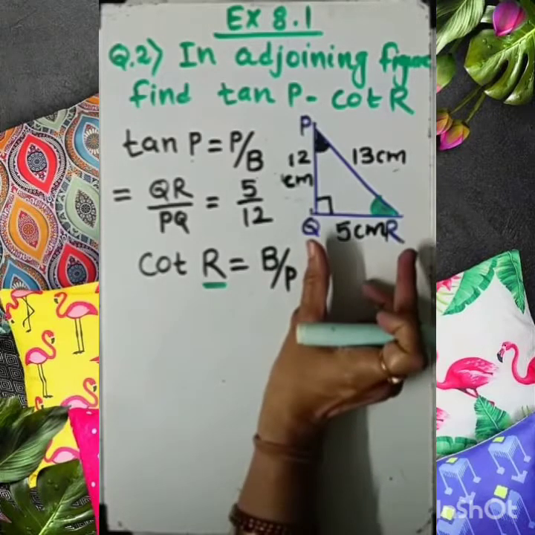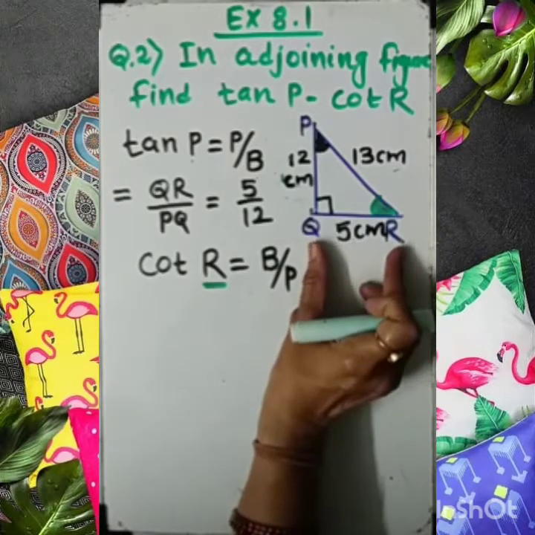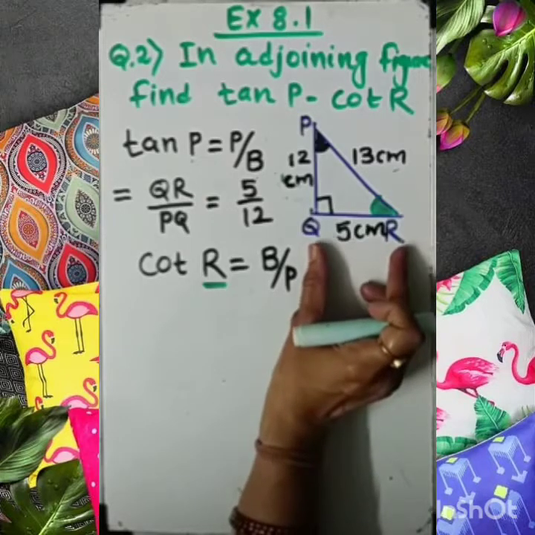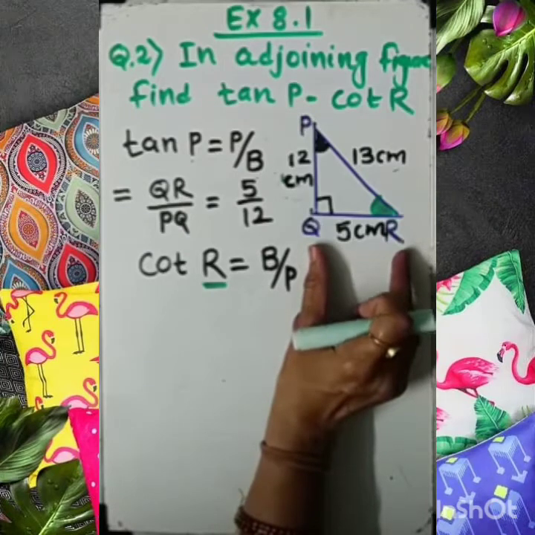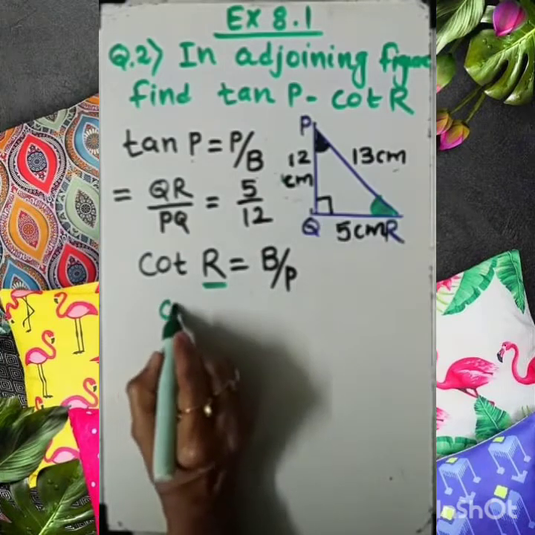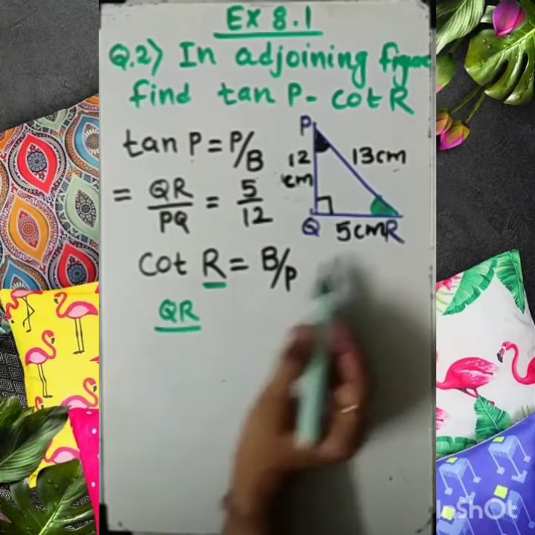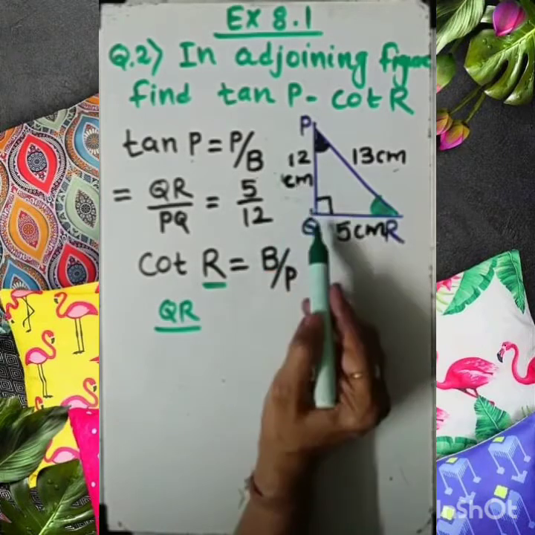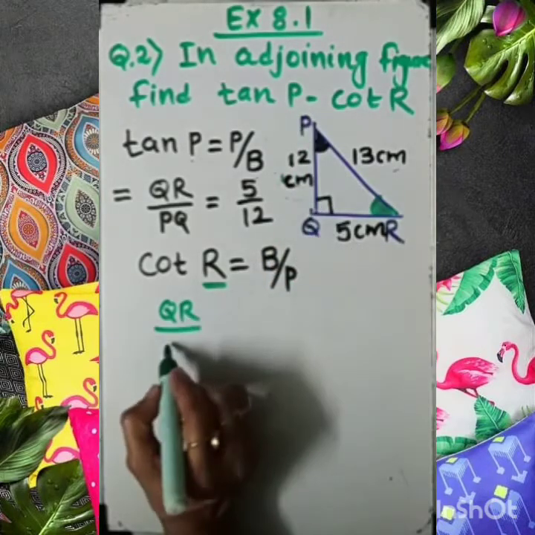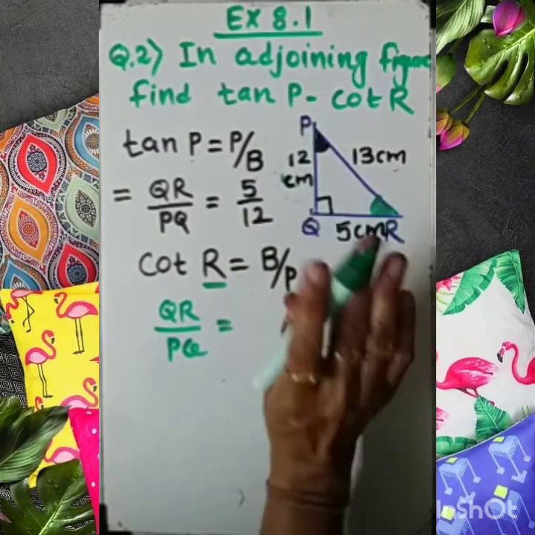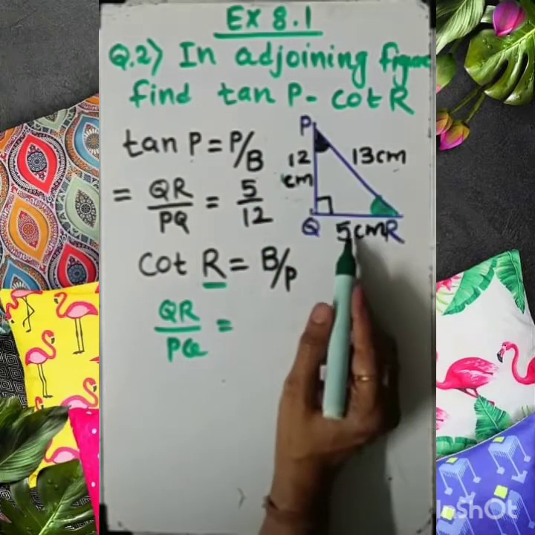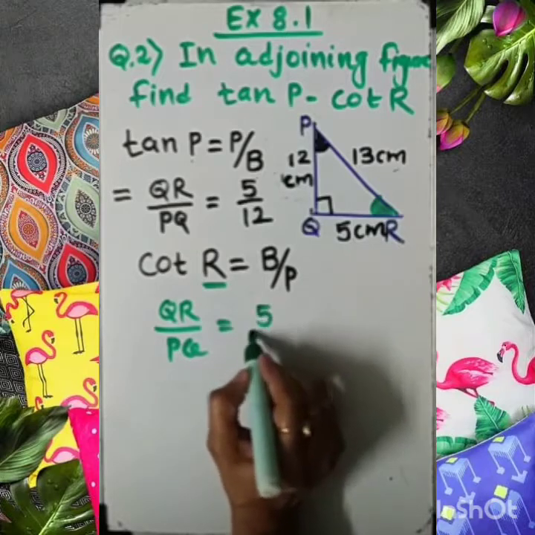Of course, the side which is adjacent, called the adjacent side of this angle, becomes the base. So this is QR. And of course the other side becomes the perpendicular. In both angle cases, the hypotenuse remains the same. Clear to you? So according to this, it should be 5 by 12.